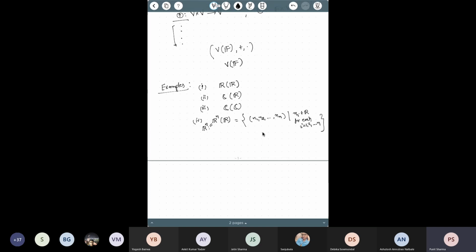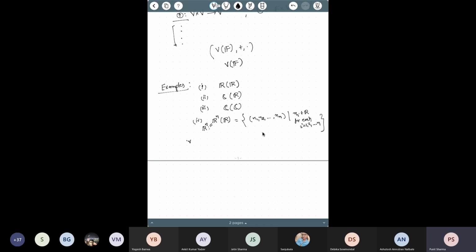If I ask you to check whether this is a vector space or not, so far we have not learned anything else, so we only know the definition. You will go through all the properties. First you check whether the two operations are well defined. Once you are convinced that they are, then you check the properties satisfied by the addition and scalar multiplication.